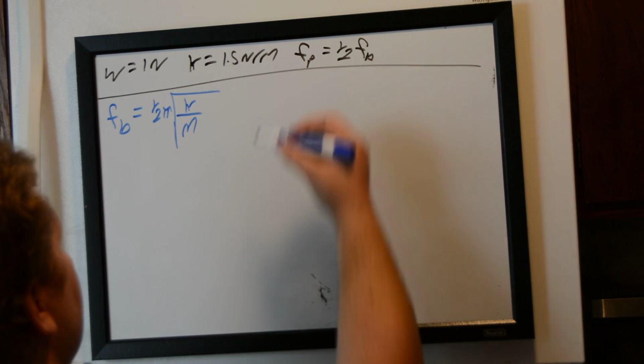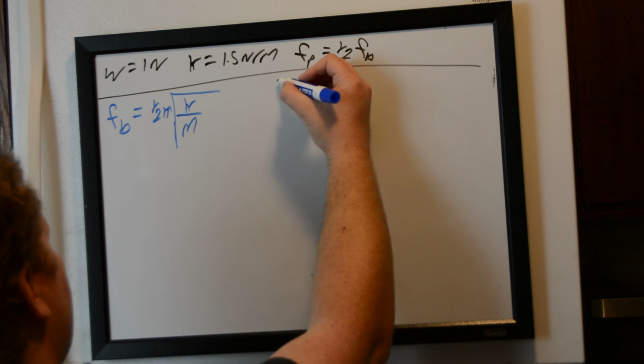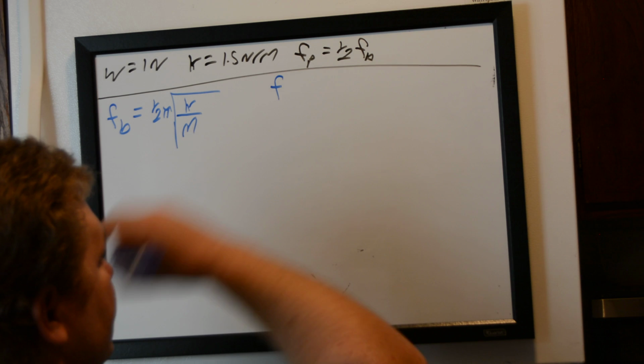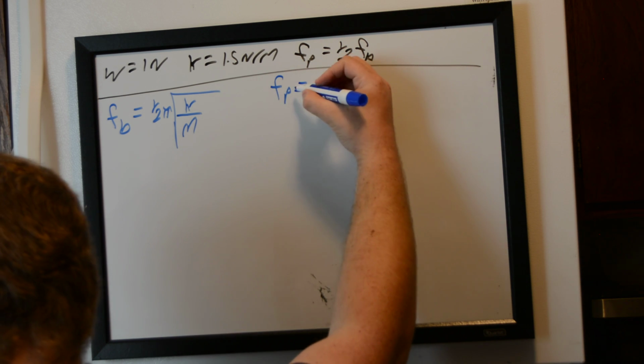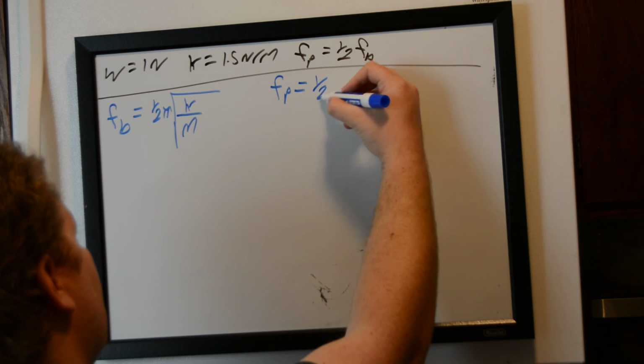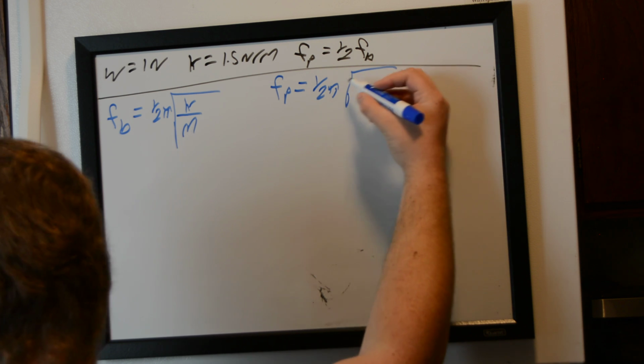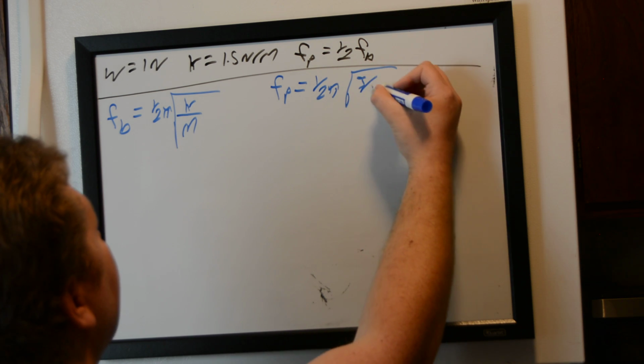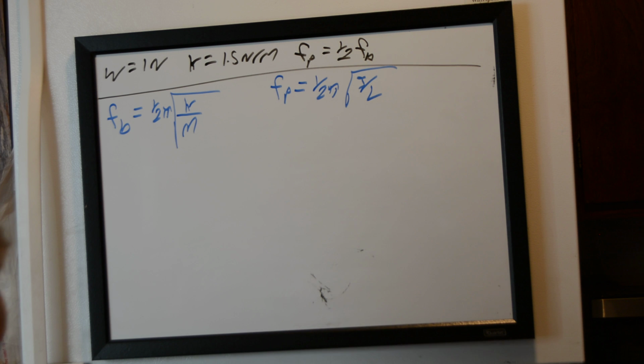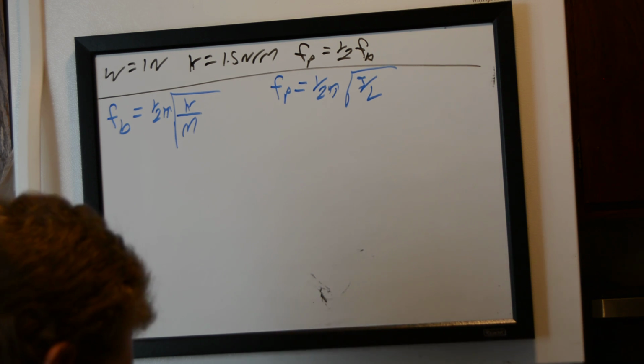And then we also know, again from the book, that the frequency of a pendulum is equal to 1/2π times the square root of gravity over the length of our rod, or in this case the length of our spring.